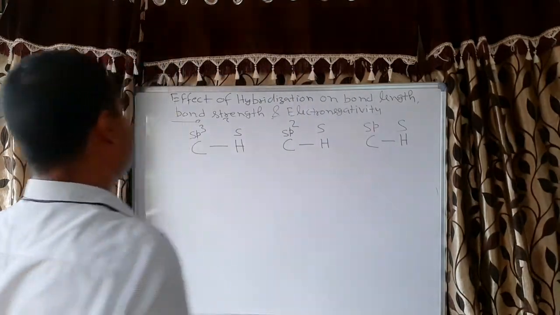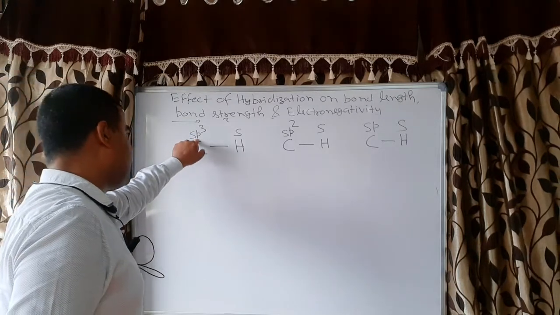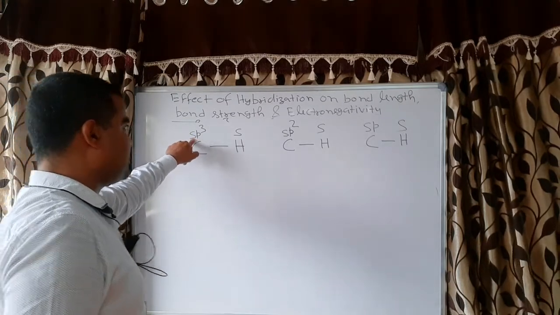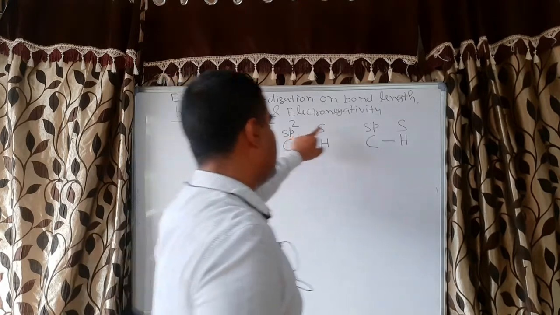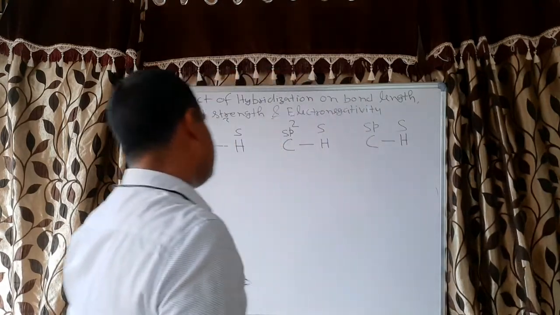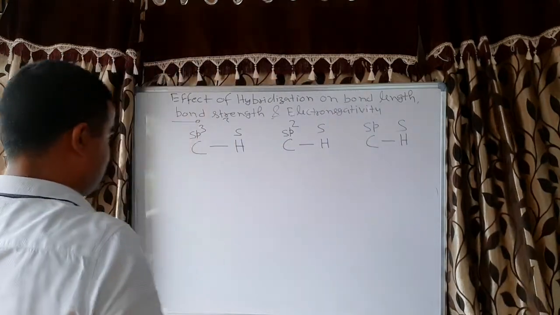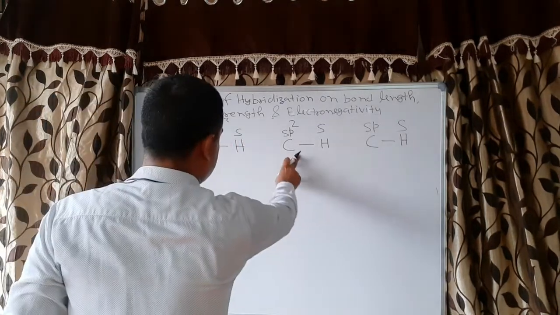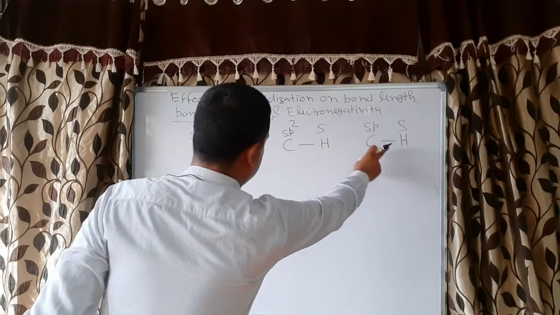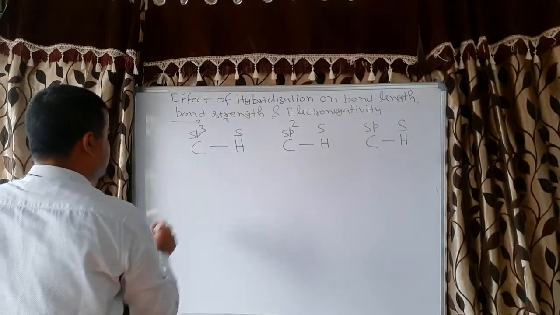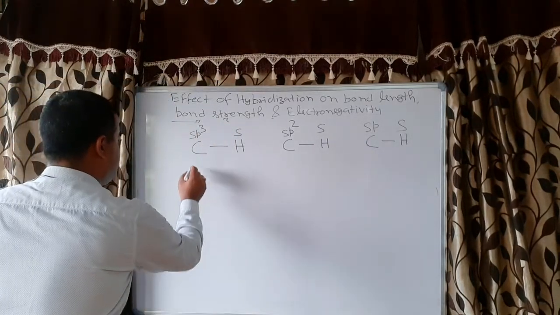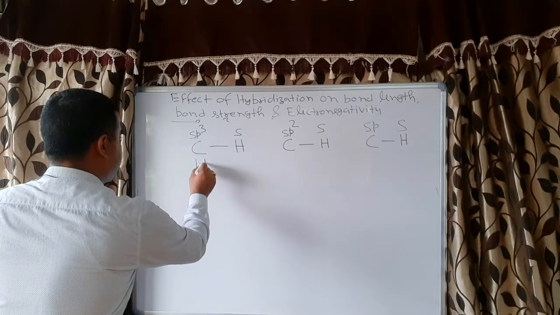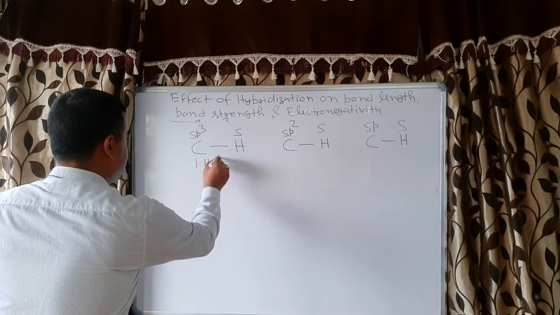But carbon can be sp3 hybridized, sp2 hybridized and sp hybridized. Now as I told you, sp3 hybrid orbital is bigger in size than sp2 and then sp. Why? Because of the s character. Okay, so this bond length will be more than this and this bond length will be more than this, and it is calculated by X-ray diffraction study as 1.11 angstrom.